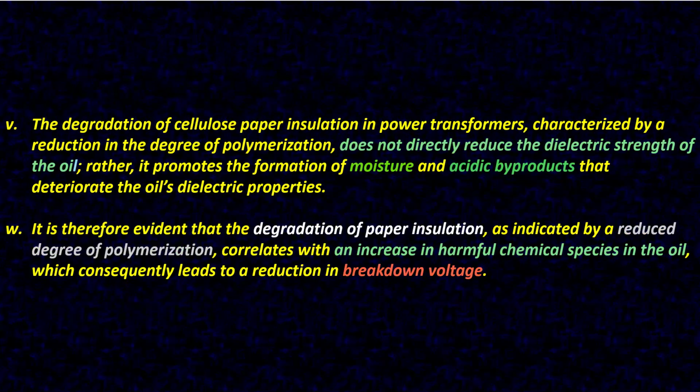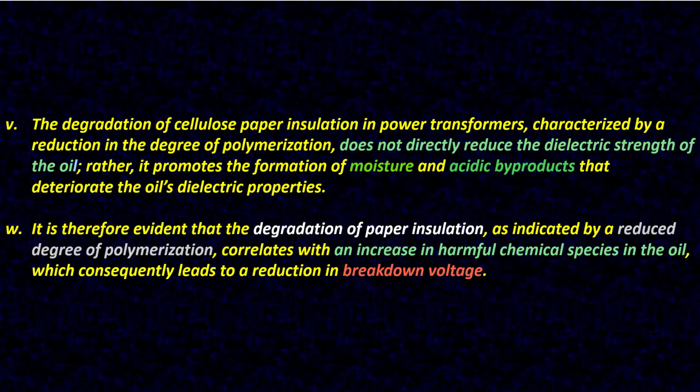Degradation of cellulose paper insulation in power transformers, characterized by a reduction in the degree of polymerization, does not directly reduce the dielectric strength of the oil. Rather, it promotes the formation of moisture and acidic byproducts that deteriorate the oil's dielectric properties.